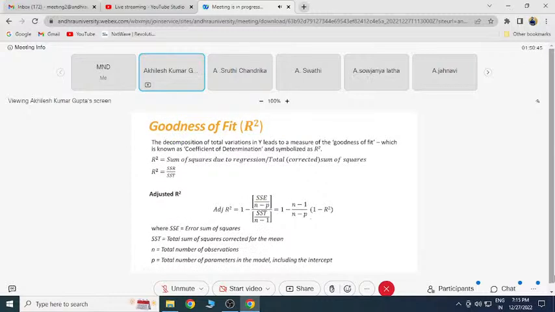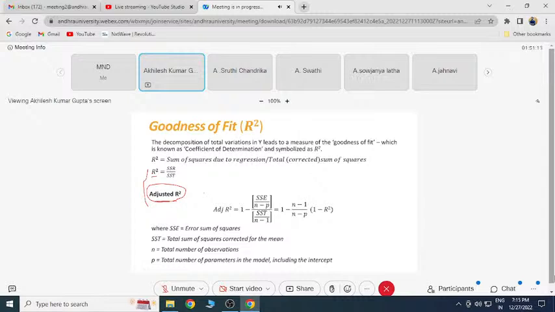Then this is one important thing, how to know whether your regression model is good or not. So we have certain measures to check this. One is goodness of fit, R square, simple R square, then adjusted R square. We'll understand the difference when we get the result. Basically, this adjusted R square penalizes you for non-significant variables.